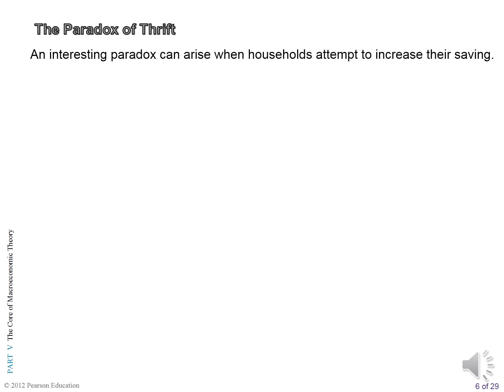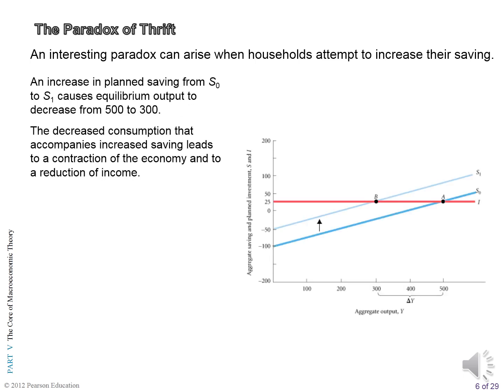Okay, the paradox of thrift. The paradox of thrift. Paradox mean dilemma. Okay, thrift طبعا الادخار. The paradox can arise when households attempt to increase their saving. يعني if families decide to increase their saving and they try to increase their saving, saving function will increase or it will shift upward.